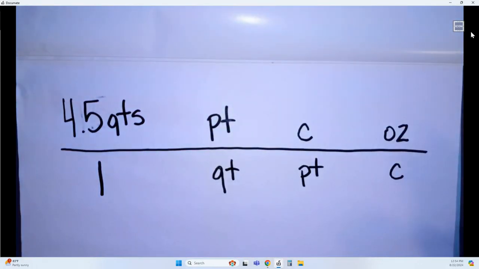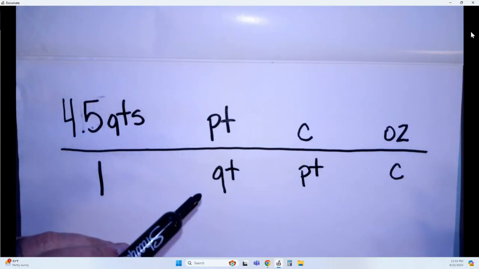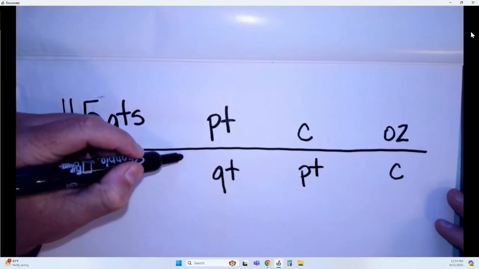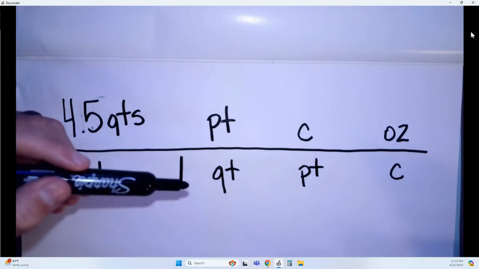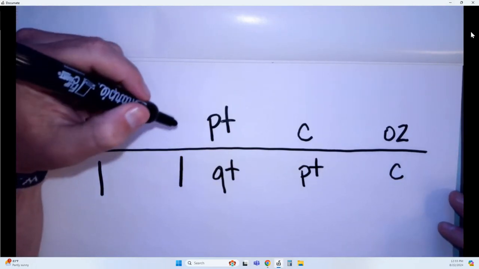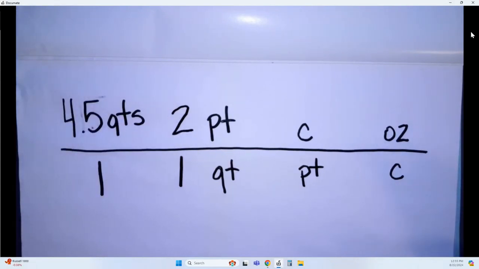From here, I start from left to right, going from my larger unit to a smaller unit. I'll look at the pints and quarts and think to myself, which one is larger? Quarts are larger, so I'm going to give them a quantity of 1. Then I think, how many pints make 1 quart? 2 pints make 1 quart, so I'll put my 2 up there.